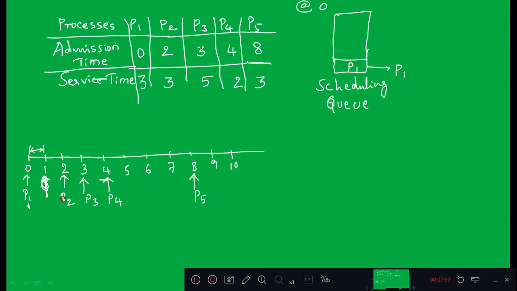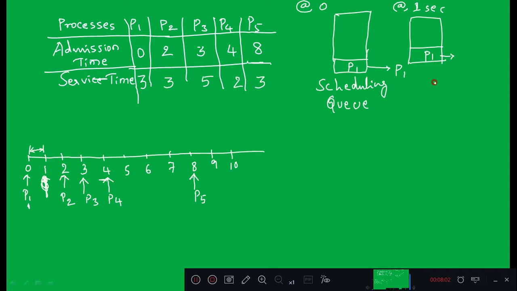P2 is entering at 2 seconds, right? So what does the operating system do? It will again reschedule the same process, that is P1, because it doesn't have any other process in the memory, right? So again P1 itself is scheduled.